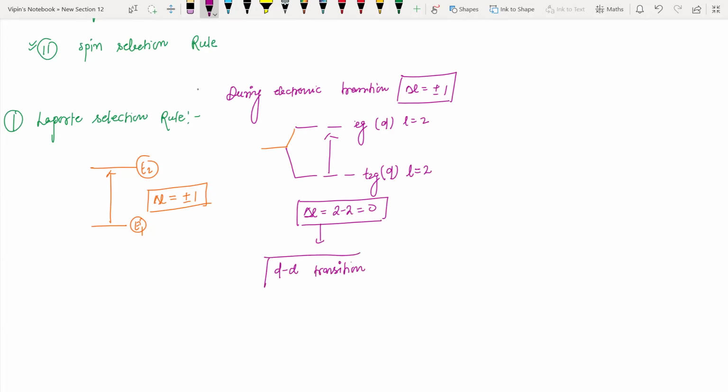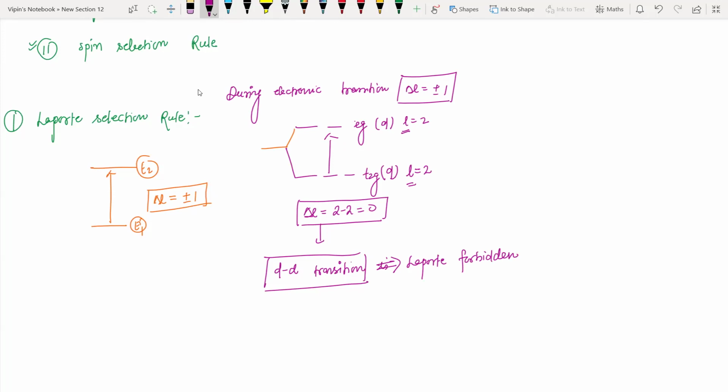We can say d-d transition is Laporte forbidden, because of the same L values for both energy levels. So according to Laporte selection rule, the d-d transition is Laporte forbidden.